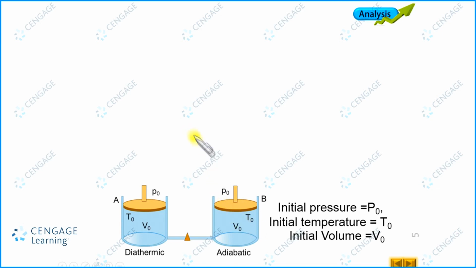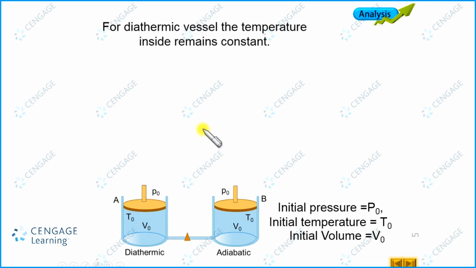So let us first analyze the first diathermic container, right? In the diathermic container, what will happen? The temperature of this gas, that is T0 initially, will be the same as the surrounding. That means the temperature of this container is not going to change. That means we can apply the equation P1 V1 equal to P2 V2, right?